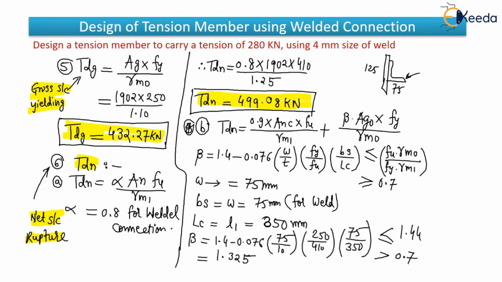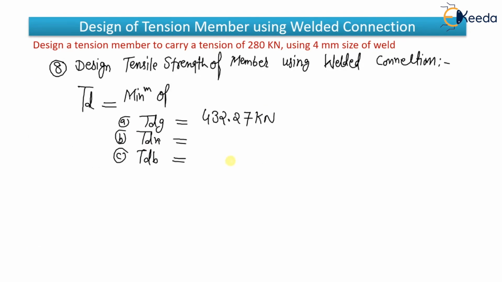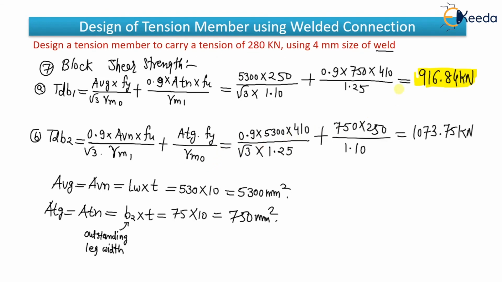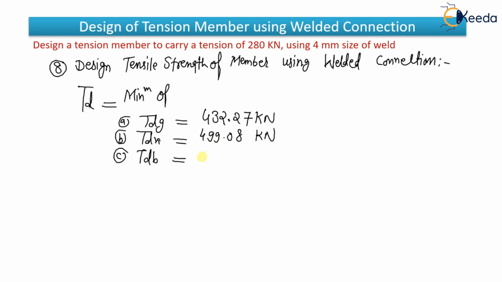Which one is minimum? 499.08, so I'll put 499.08 kilonewton. And TDB, there are two values, 1073.75 and 916.84. I'll put this one, 916.84 kilonewton. So which one is the minimum out of all this? Obviously 432.27 kilonewton is minimum.